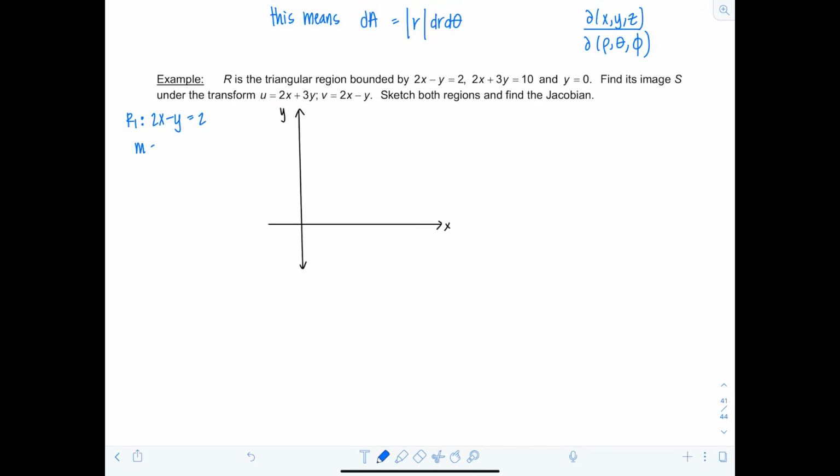So the slope on this line is 2. The y-intercept is -2. All right. What about the second line? R2. That's 2x plus 3y equals 10. Okay, easier to plot it using intercepts, which are (5, 0) and (0, 10/3). And then R3 is y equals 0.